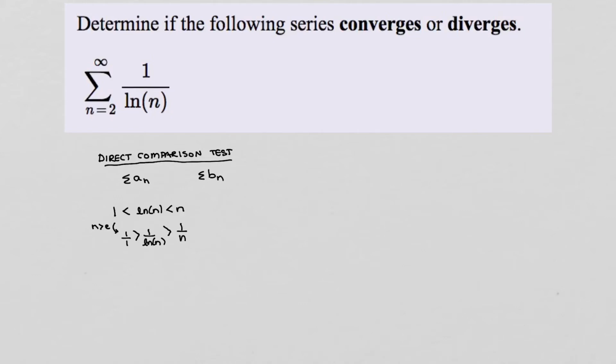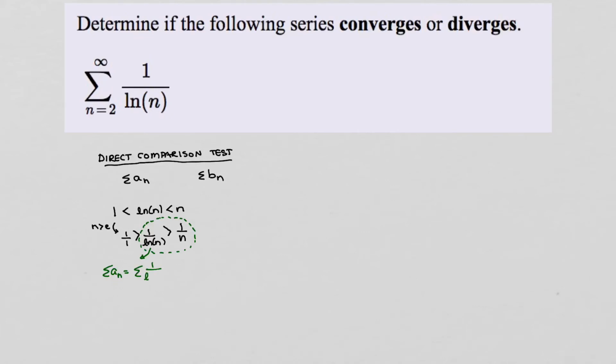Now specifically, if I hone in and look at this part of that inequality, I have the basis of two series that I can compare. My original series, 1 over the natural log of n, is my a sub n series.